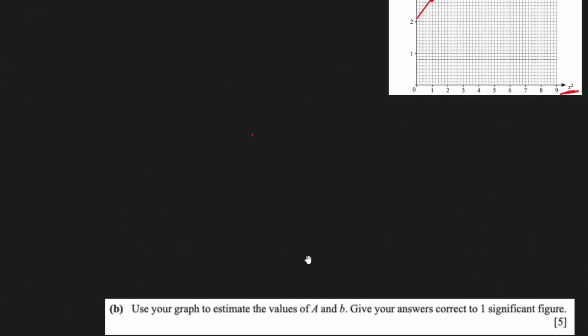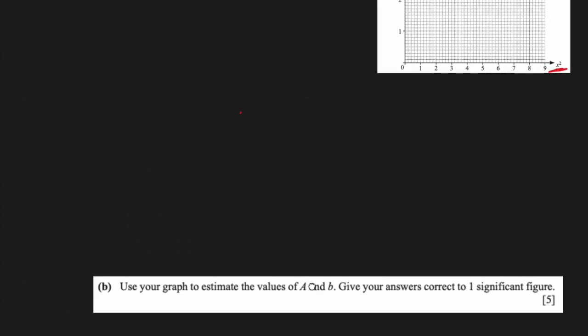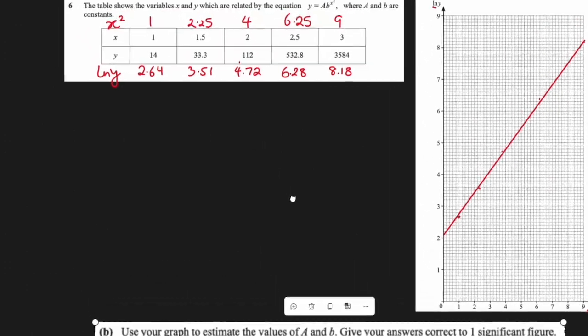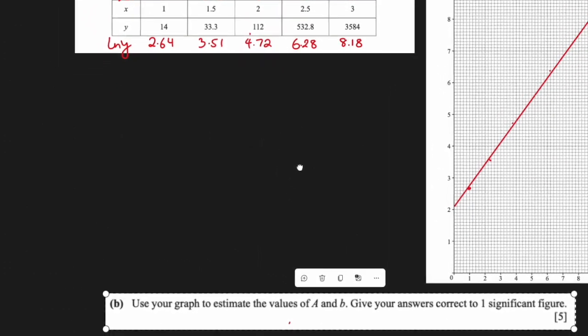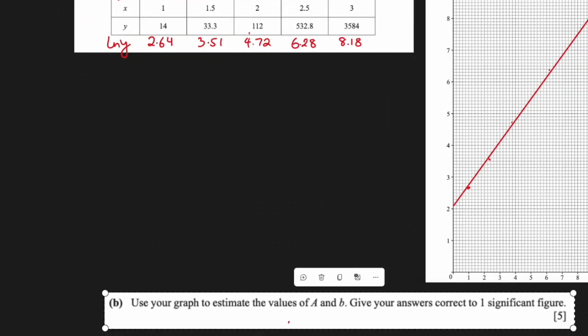Then use your graph to estimate the values of A and B. So use graph, they're saying, not anything else. So let me go back to my graph and try to estimate the values of A and B. Since it is a straight line, I will write an equation in the y equal to mx plus c format. But in this case, I will write capital X and capital Y because they are not normal x and y.